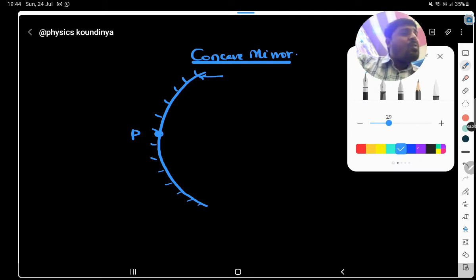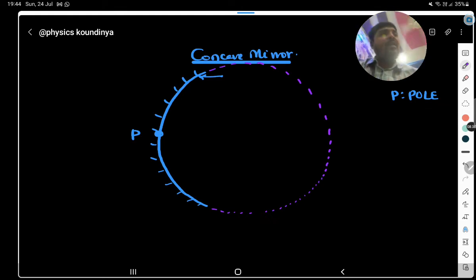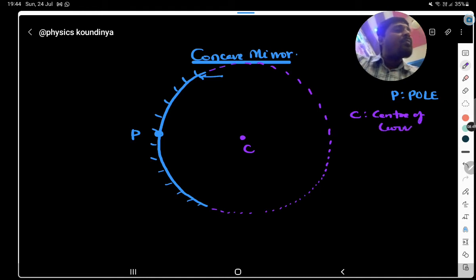Okay. Now we are going to understand, if it is a sphere, I'm completing it, because we know that this is definitely a part of the sphere. Now definitely it will have a center. This center is called as center of curvature.